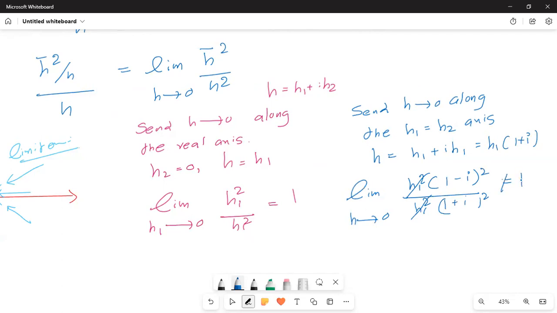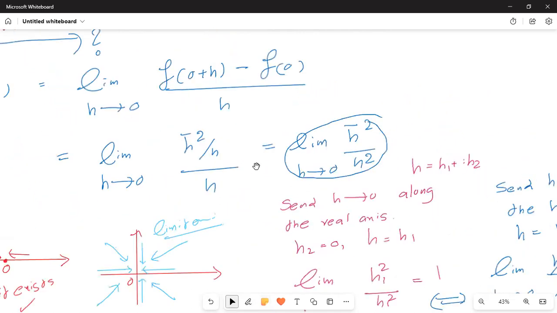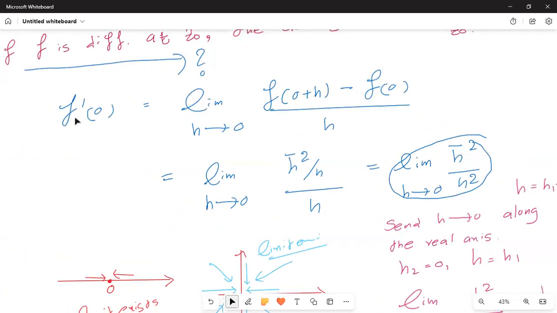Because this is some number, and there are no h terms involved here, the limit itself is this number, and it's not going to be equal to 1. Therefore these two limits are not equal, so the original limit does not exist. This means the derivative at z equals 0 does not exist.